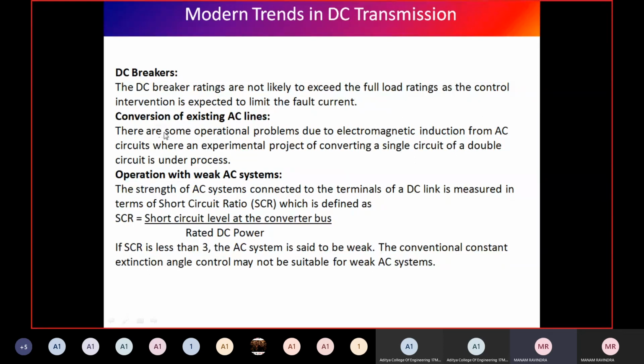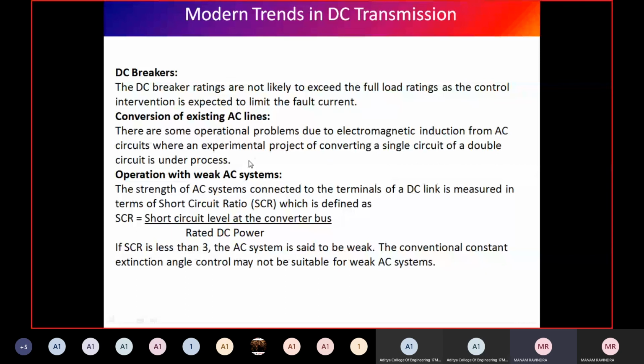Next point is conversion of existing AC lines. There are some operational problems due to electromagnetic induction from AC, right? We have already discussed in the first slide that electromagnetic induction problems are there for transmission of AC power over long distances. An experimental project of converting a single circuit of a double circuit is under process.